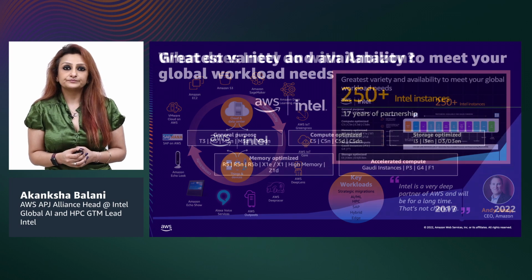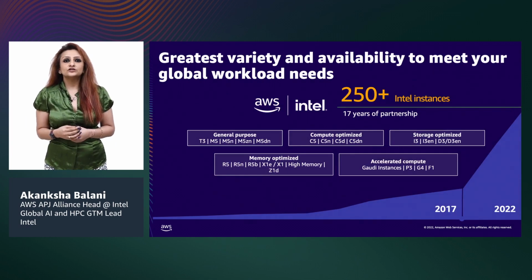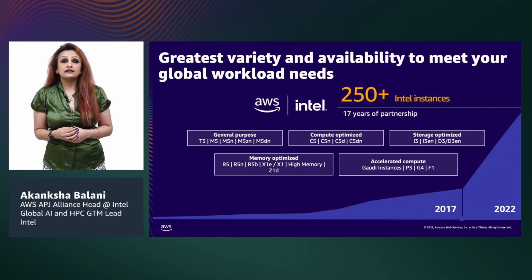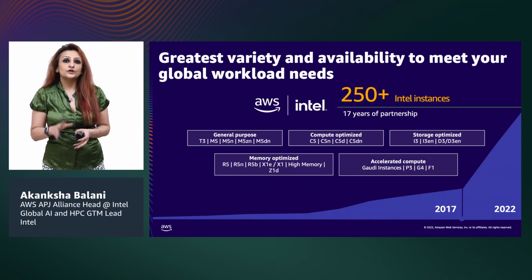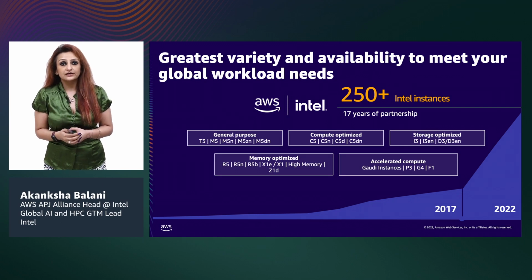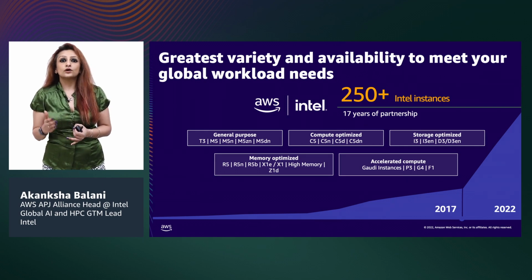This slide actually talks to you about the portfolio of the Intel Xeon instances that are available on AWS's EC2 platforms. And as you can tell, not only is the number of instances quite intense, about 250 plus instances that are powered by Intel today, but you could see that it is catering to various needs of your applications, whether it's general purpose, or compute optimized, or accelerated compute, storage, or memory.